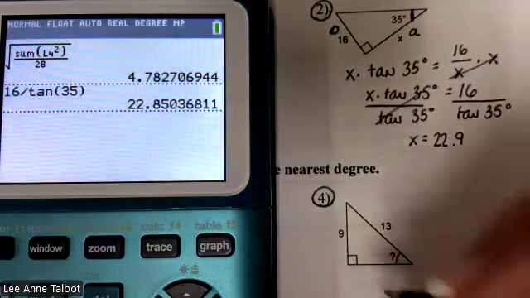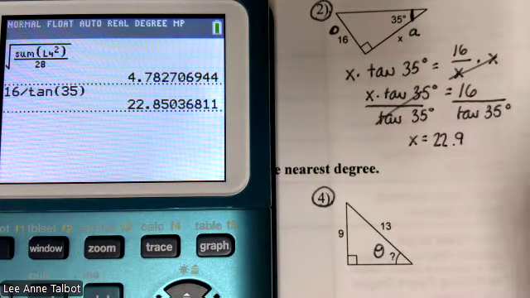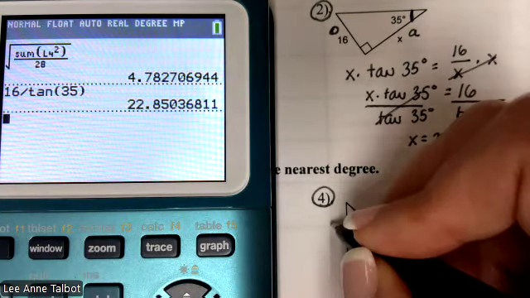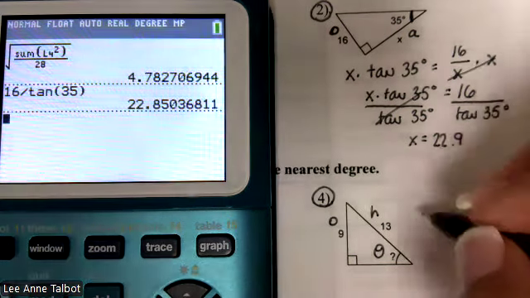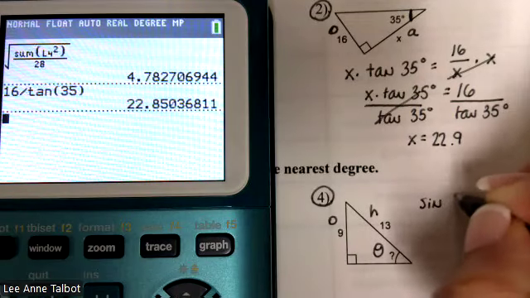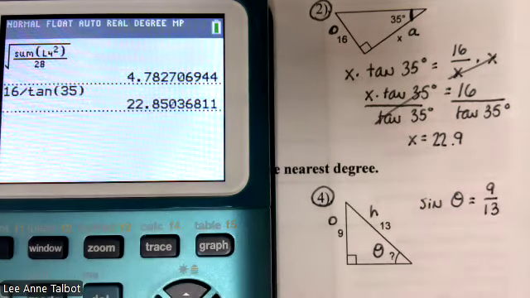Okay. Now this guy here, theta. Yep. Good job. Hypotenuse, opposite. Sine of theta equals opposite over hypotenuse.